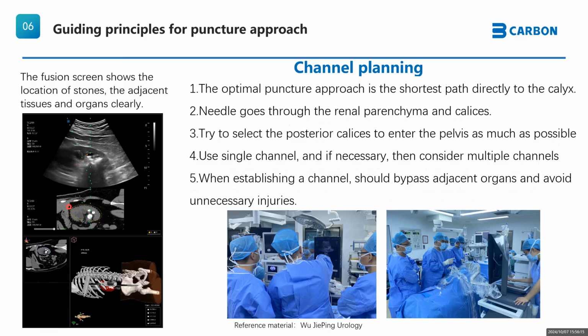Their fusion, they're matched very perfectly, and then the stone location we can also see very clearly, and also the other adjacent organs and structures. We can see this fusion mode very clearly. So if we also use the 3D mode, the probe location and the probe and kidney relations and the needles, everything can be seen very clearly.